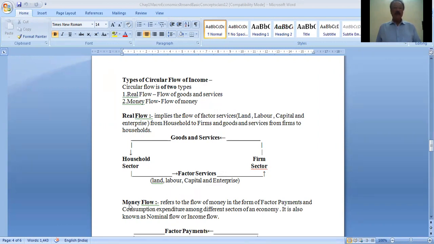Now we come to the next, which is money flow. The second flow of income, money flow. Write down a definition.